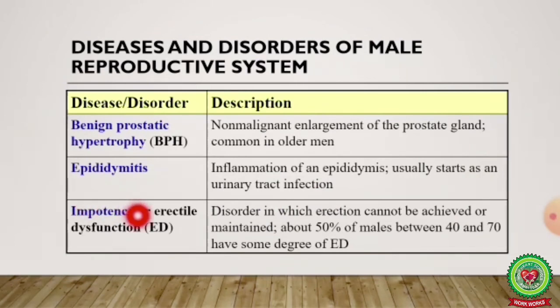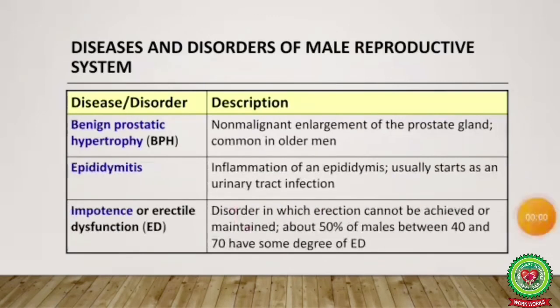The third one is impotency or erectile dysfunction, ED, the disorder in which erection cannot be achieved or maintained. About 50% of males between 40 and 70 years of age have some degree of ED.